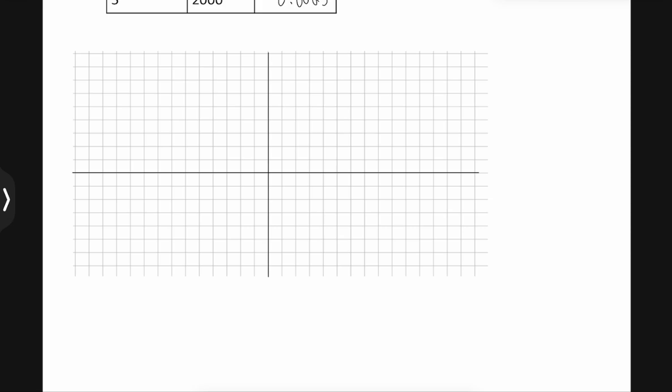So we know 0 is undefined. Put a dashed line at x equals 0. I know the end behavior, the left end and the right end head to 0. Put a dashed line on our x-axis.